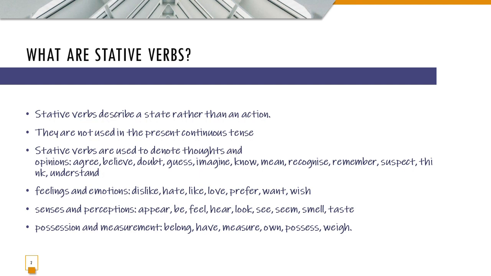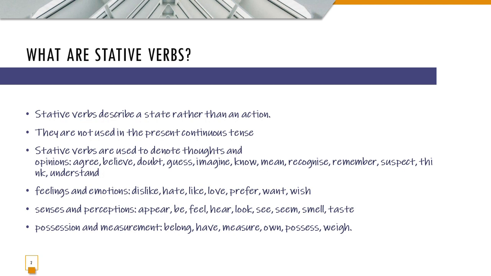Okay, and stative verbs are also used to denote feelings and emotions like dislike, hate, like, love, prefer, want, wish. So if you can see, these are more to do with the mind and heart rather than the physical body. Okay.